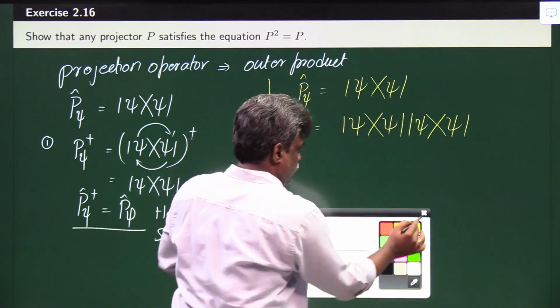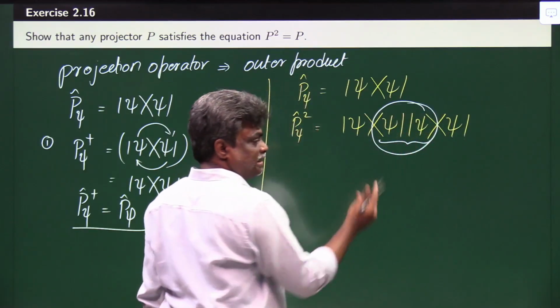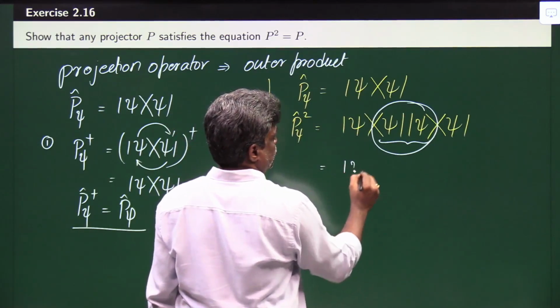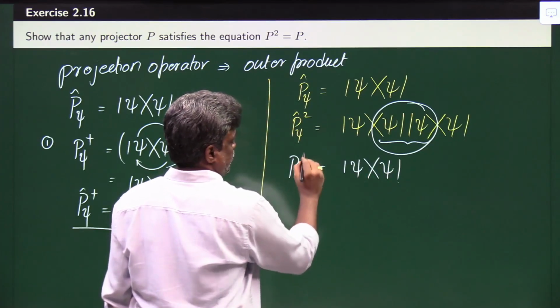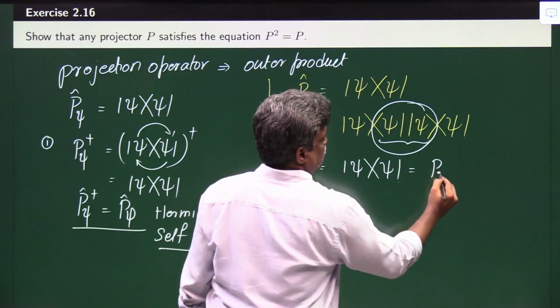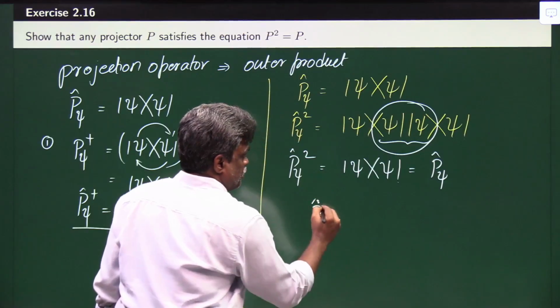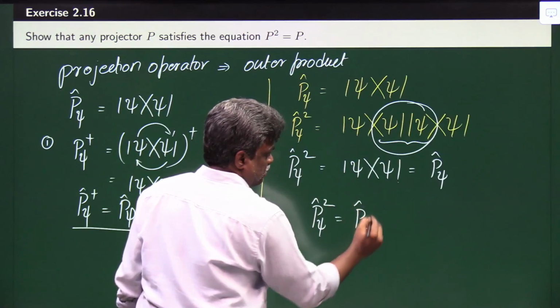And if you see carefully here, we got the inner product psi psi, which is equal to 1. So again we got the outer product psi psi, which is equal to again P psi, so which is idempotent. So P psi square is equal to this P psi.